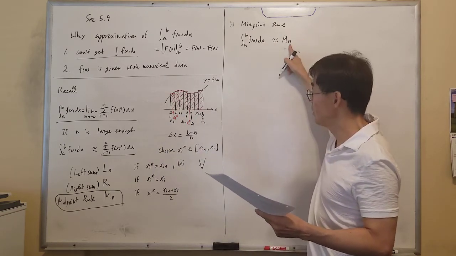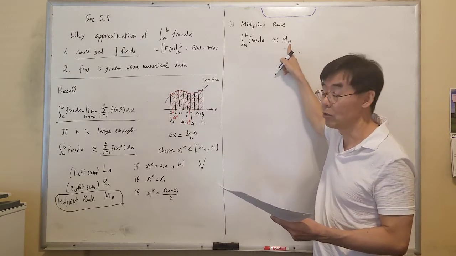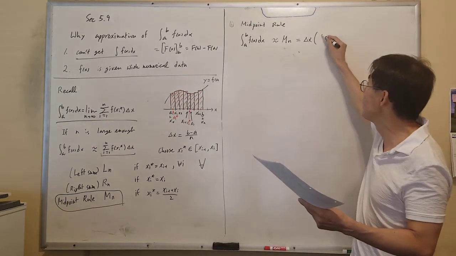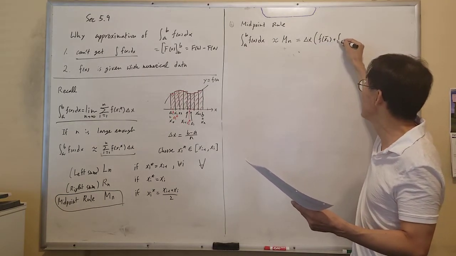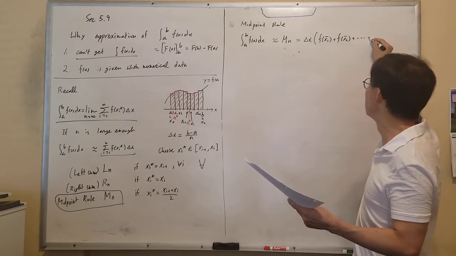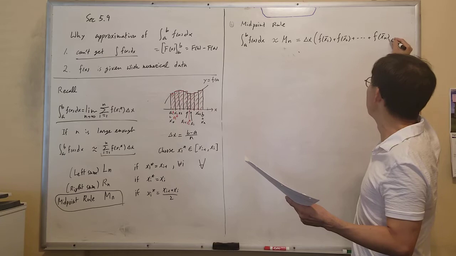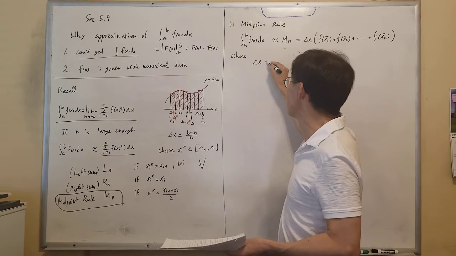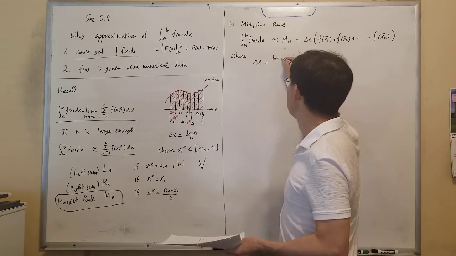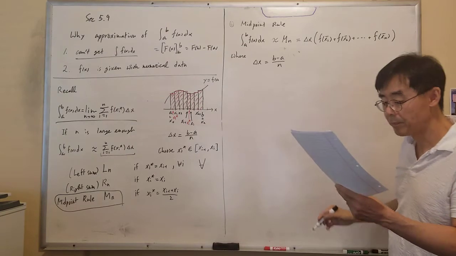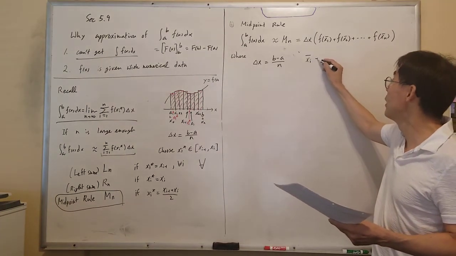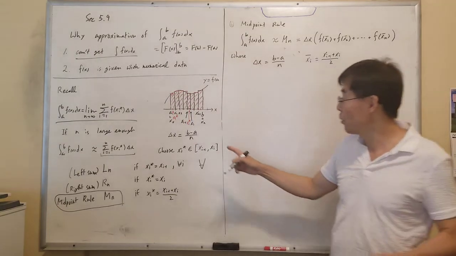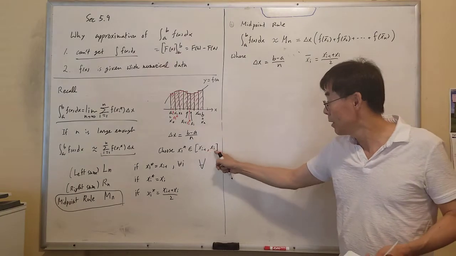So n is the number of subintervals, the number of divisions of the interval, and that is delta x times f of x1 bar, up to f of xn bar, right? Where delta x equals b minus a over n, and xi bar is (xi minus 1 plus xi) over 2, the midpoint of the ith interval, the average value.